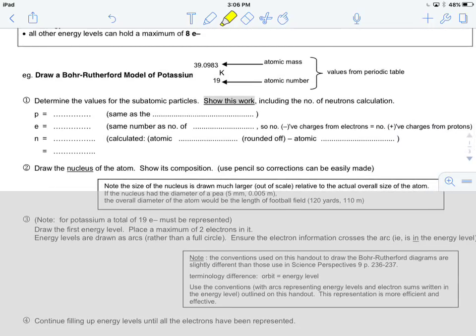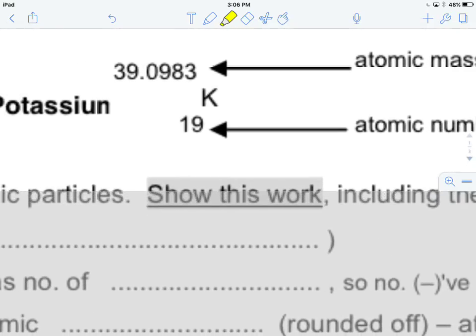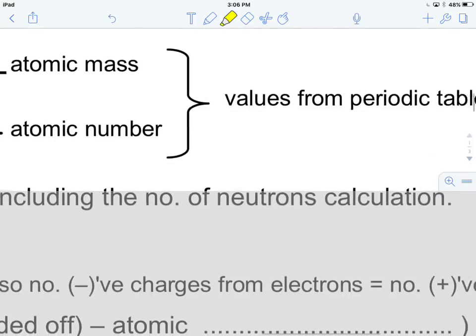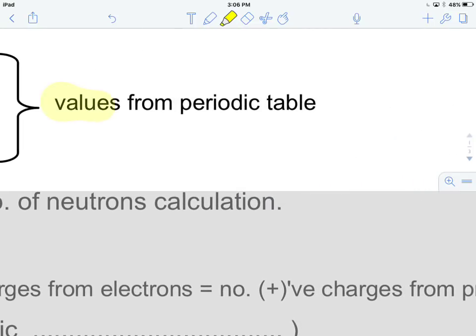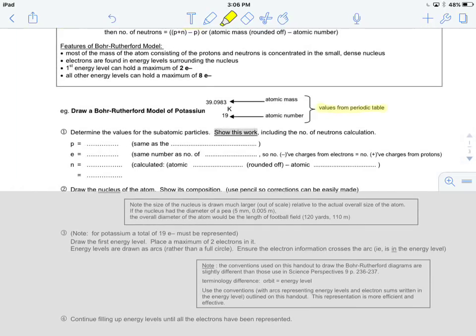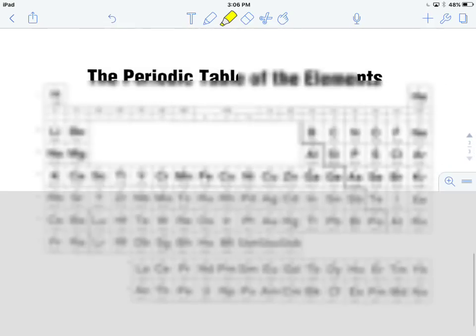We want to draw a Bohr Rutherford model of potassium. We know that that's symbol K. And if we were to look on the periodic table, we would see that its atomic mass is 39.0983 and its atomic number is 19, right? All these values we got from the periodic table. And if you're wondering where they are, all we need to do is scroll down.